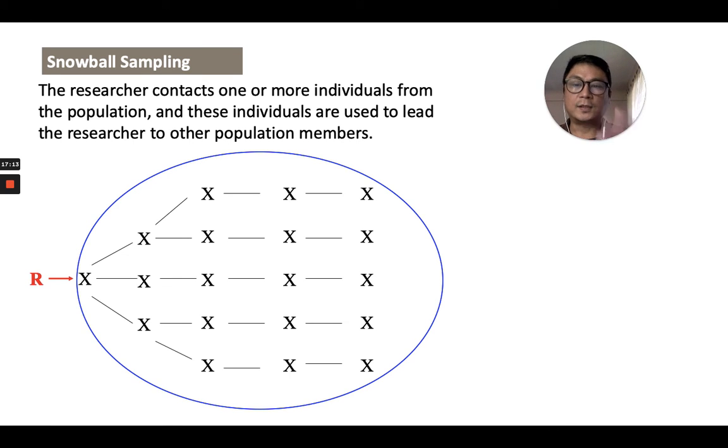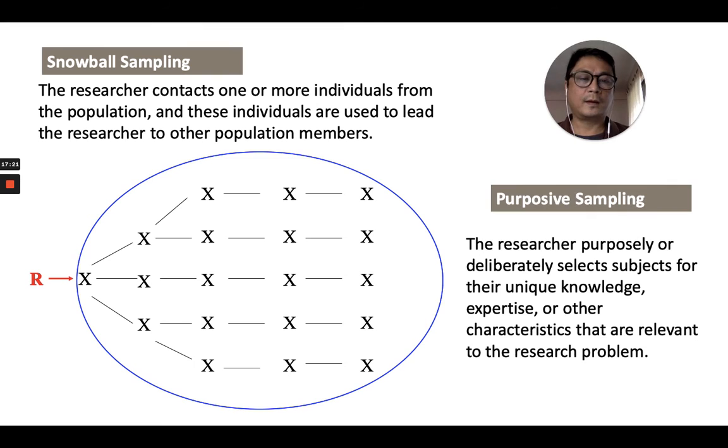Okay, so it's simply a networking approach to finding the people that you're interested in. Okay, then we can also do purposive sampling. Here, in purposive sampling, we deliberately select subjects because they have a certain knowledge or a certain expertise, or they have specific characteristics that are relevant to our research problem.